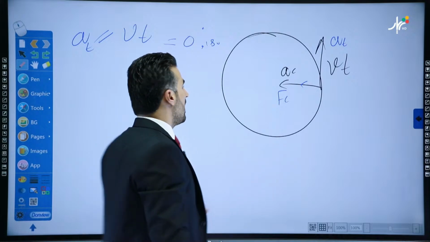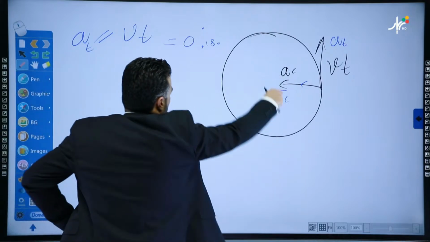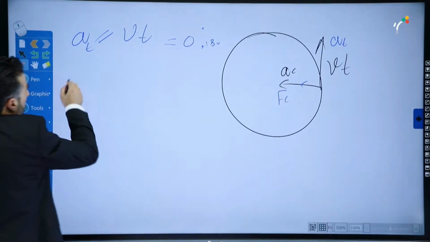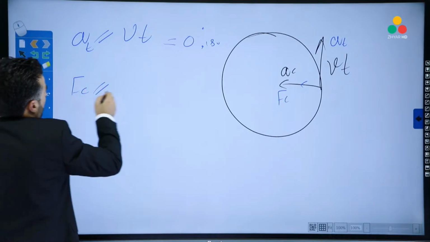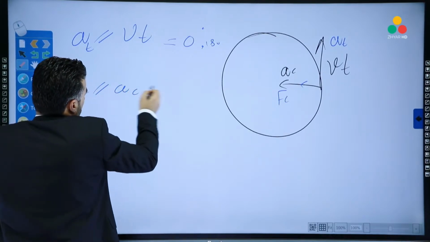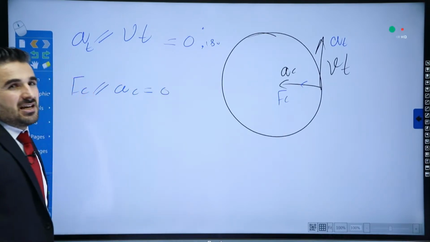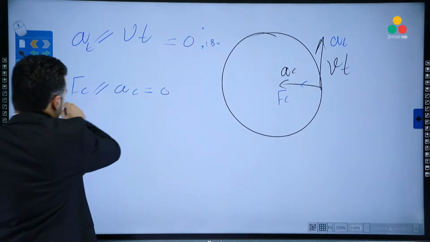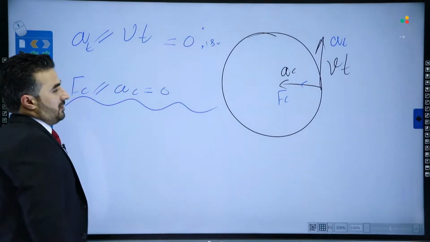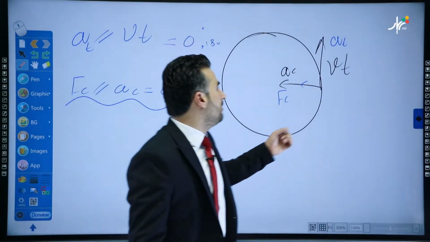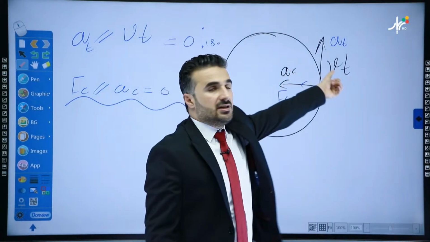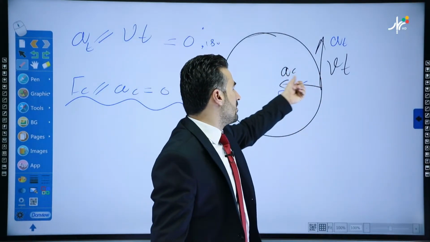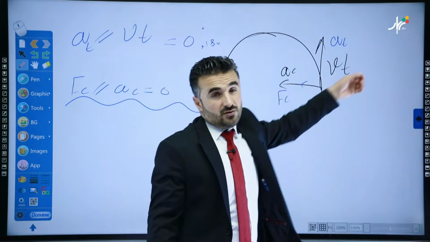We have talked about this before. Okay, now what about the centripetal acceleration and centripetal force? You can see here, centripetal force is parallel to centripetal acceleration, or you can say the angle between the two is 0 degrees here. But if I ask you what about the direction between centripetal acceleration and tangential acceleration, or centripetal acceleration with tangential speed here?